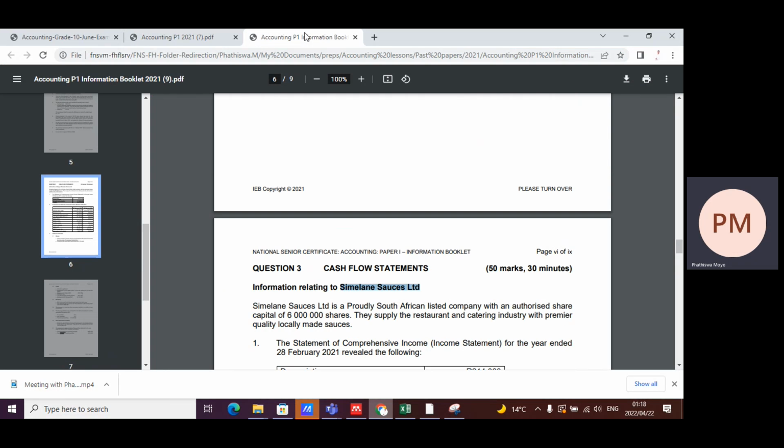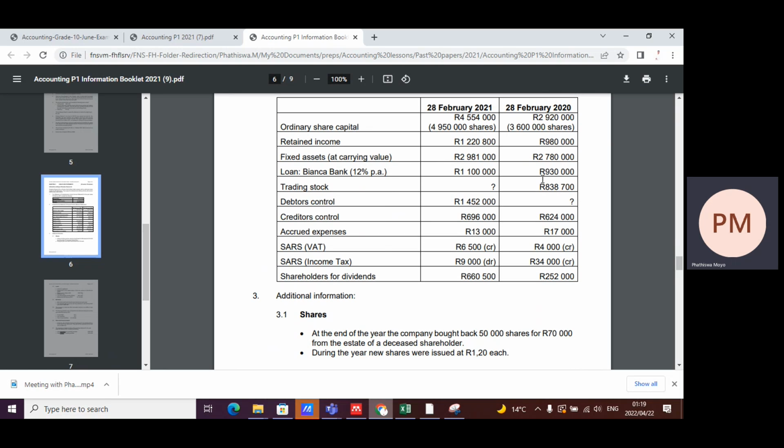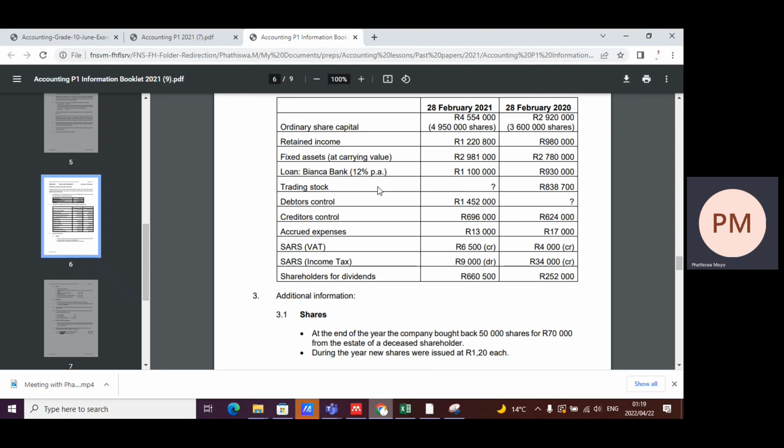All right, so where do we start? They always say start from the beginning. Where is the beginning? This is our beginning. So we're looking for the purchase price for these vehicles.